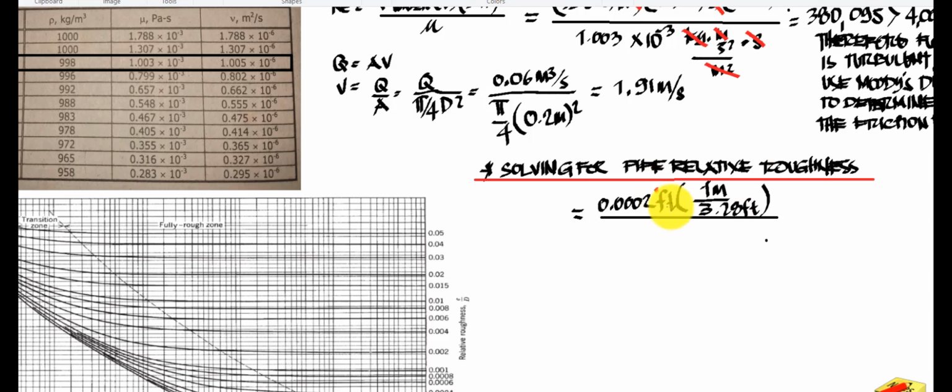So we can cancel the units here. Then for the diameter, that will be 0.2 meter. We cancel the units here, and all the units are gone.